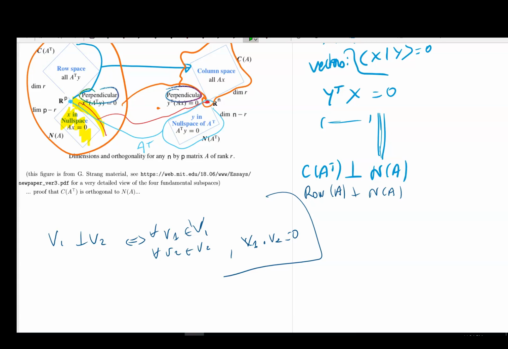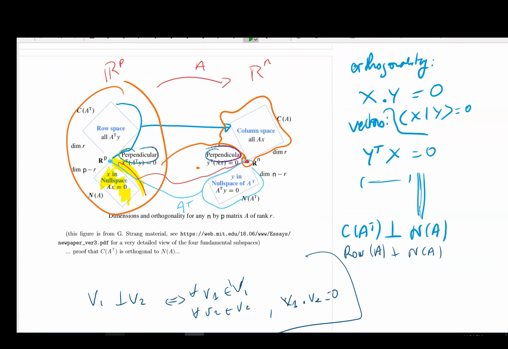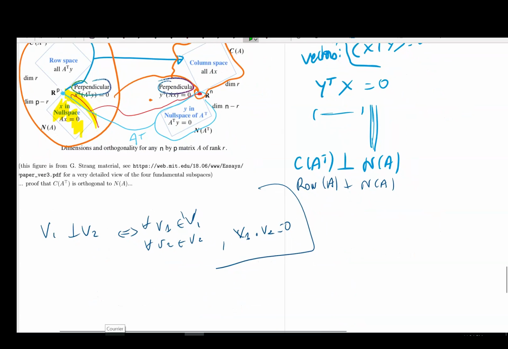So that RP is actually really made of two pieces that are orthogonal. So let's take some Y that belongs to the column space of AT, so the row space.